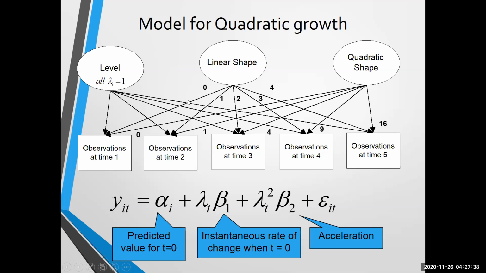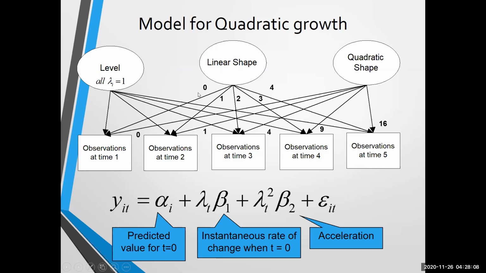Here we have three latent factors: level, also known as intercept; linear shape, also known as slope; and the quadratic shape. The level indicates, in this case, the initial status, because the loading of the linear shape is zero at the first time, so we know that the level is the status at the initial time.